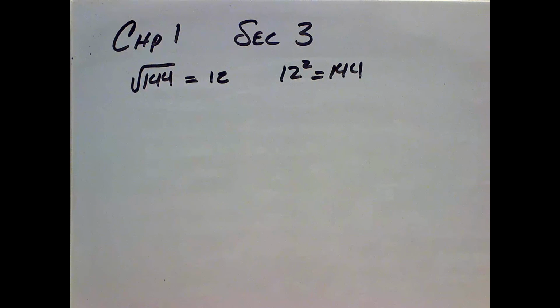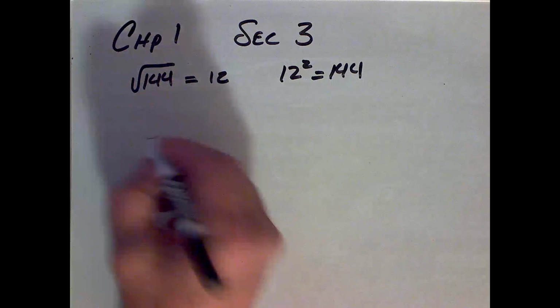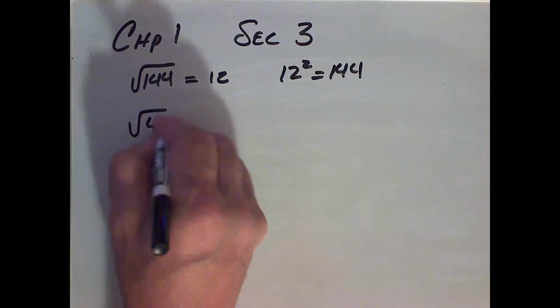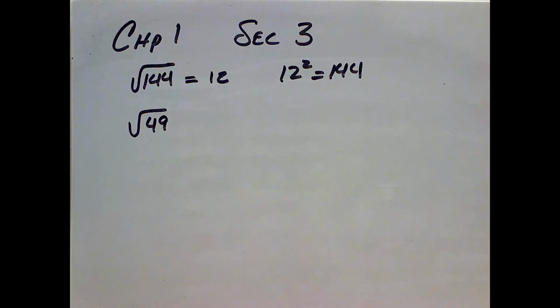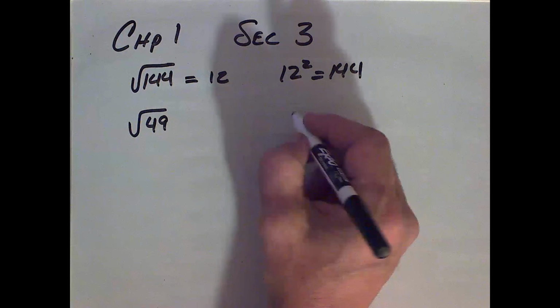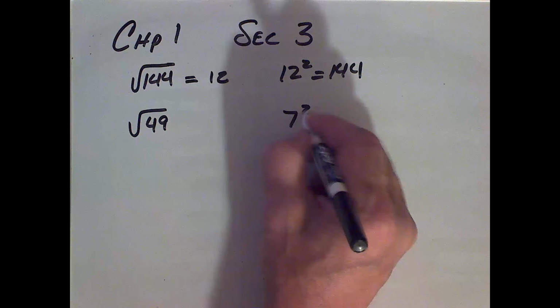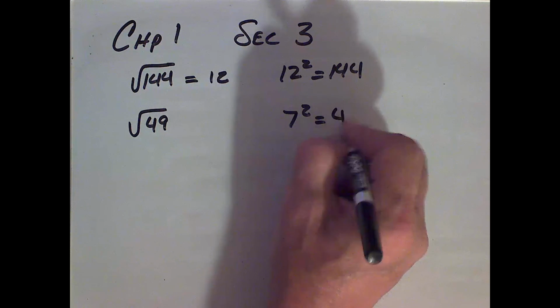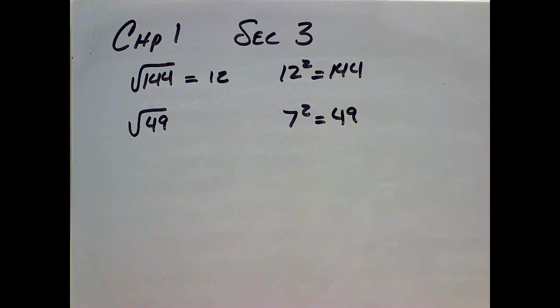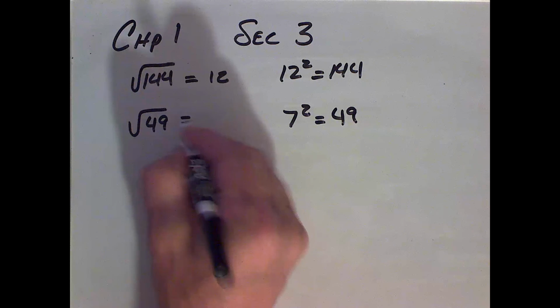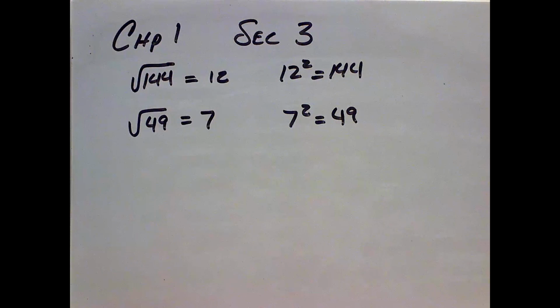What about a number like the square root of 49? Again, it's going to be real helpful to know your squares. If you know your squares, you would know that 7 squared equals 49. If 7 squared equals 49, then the square root of 49 equals 7.